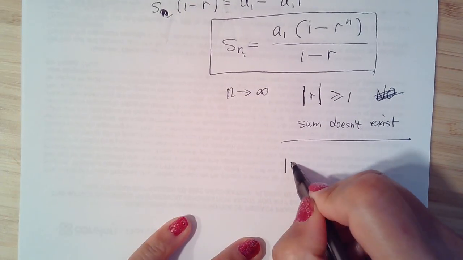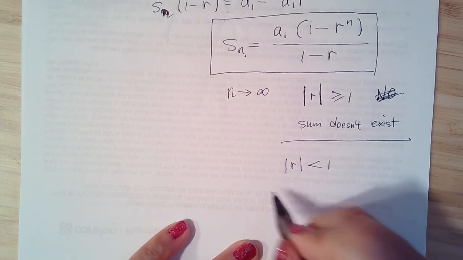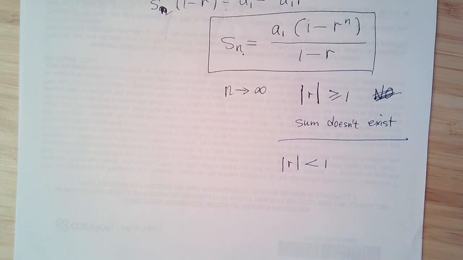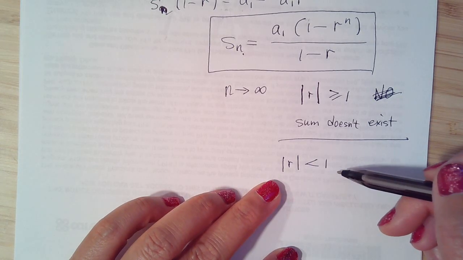However, if the absolute value of r is less than 1, like 1/2, negative 1/3, positive 15/23, things like that, as long as the absolute value of r is less than 1.